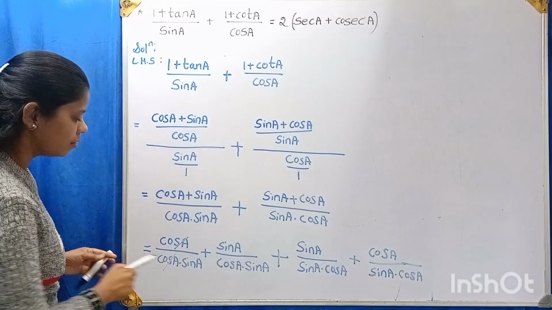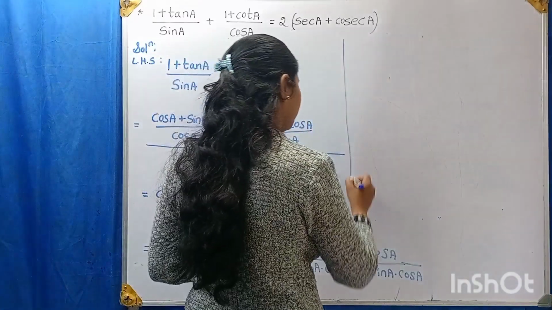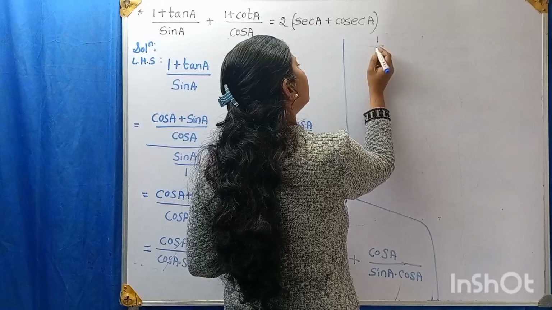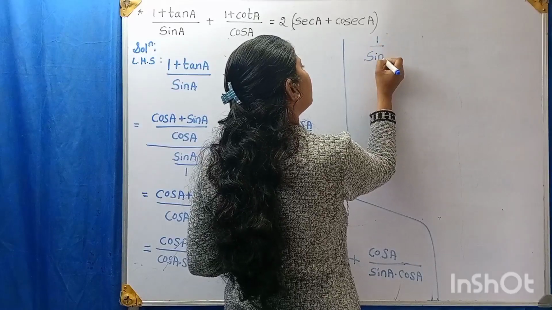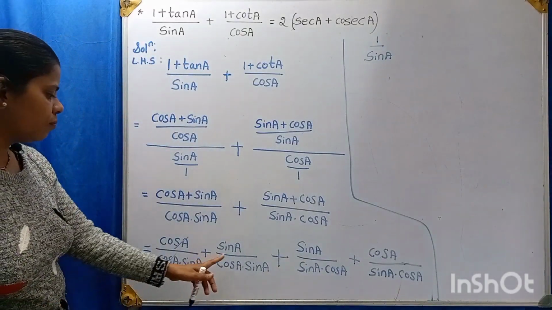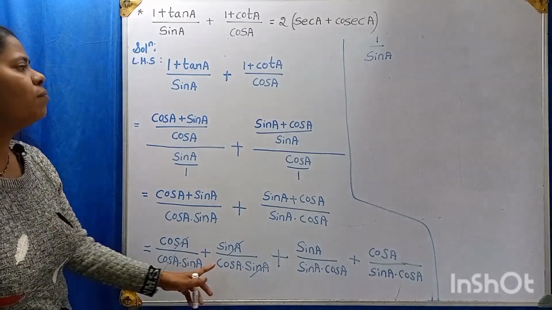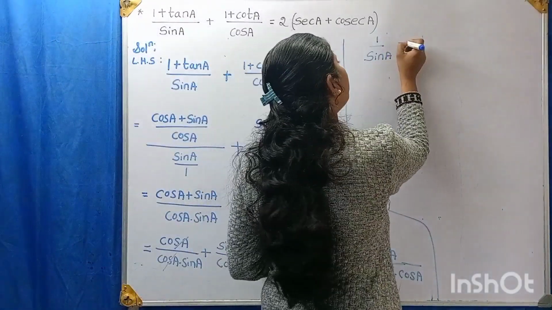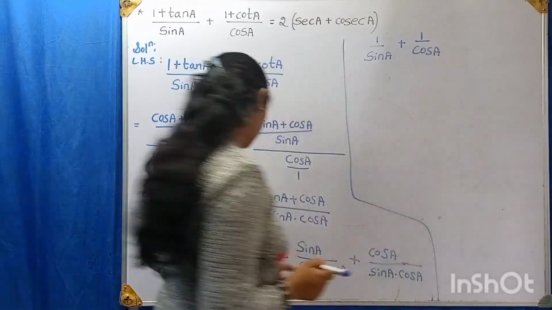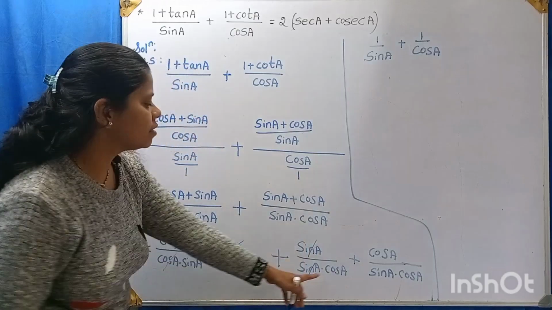Then what is left here? 1 by sin A. Plus, sin A will get cancelled, that is 1 by cos A. Plus 1 by cos A, since sin A will get cancelled.